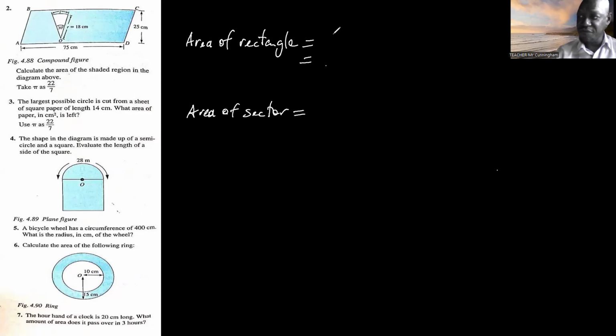Right, so I have area of rectangle, which is 75 by 25. You agree with that? So that's why you should have 1875 centimeters squared. You agree with that? Talk to me now. You agree with that? Darius, you got that?